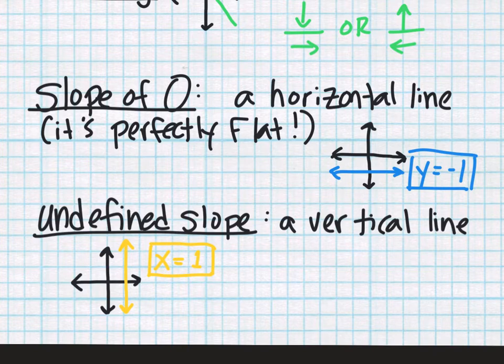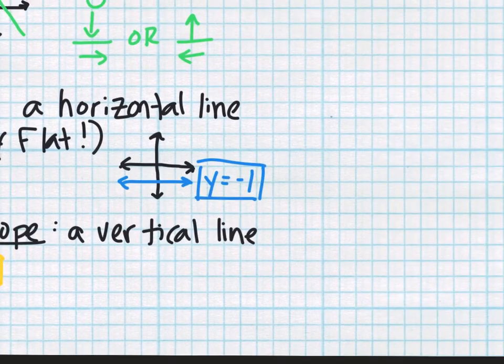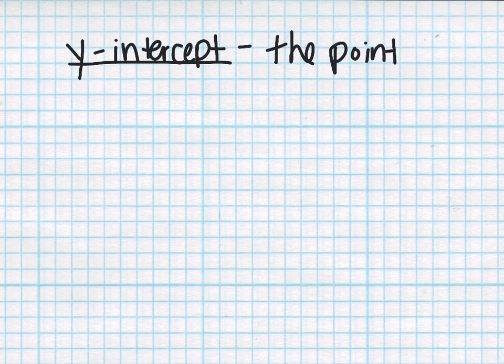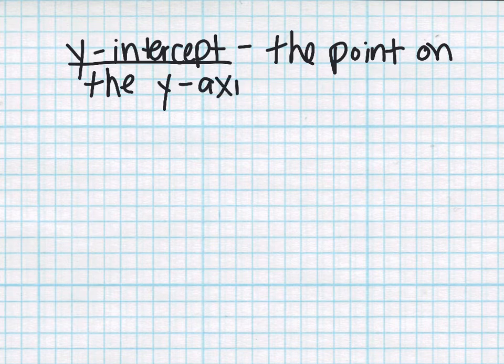Okay, we've got just a couple more words to talk about. I'm going to move over, find some more space to write, and we're going to talk about y-intercept. Y-intercept is the point on the y-axis where the line crosses.